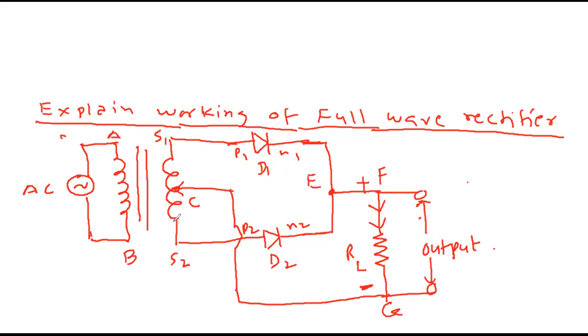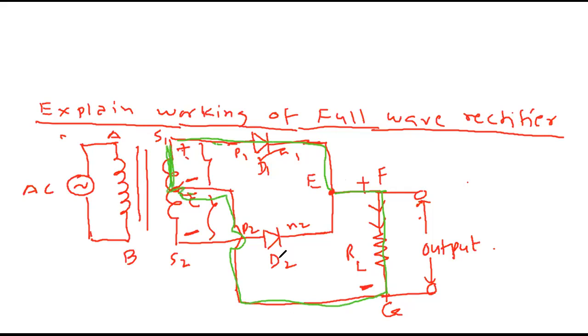Now the diagram is done, so that we can see the working. See, when this is positive, then this is negative, and due to mirror image, this is minus, this is plus. So this is half voltage plus minus, this is half voltage. So when S1 is positive, D1 will become forward biased, and current will flow through S1, P1, N1, E, F, G, back to C and S1.